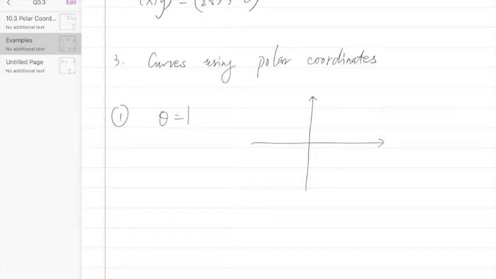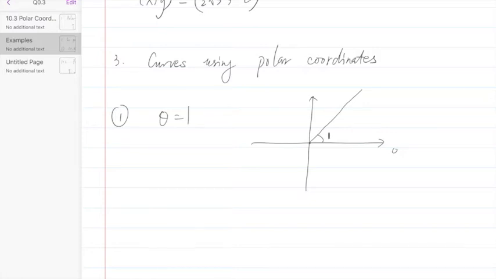Theta equals 1. What's the shape? Well, this means r can be anything, right? So number 1, let's just find where theta equal to 1 is. This is 1.57. This is 0, so 1 is somewhere here, more than half. Okay?